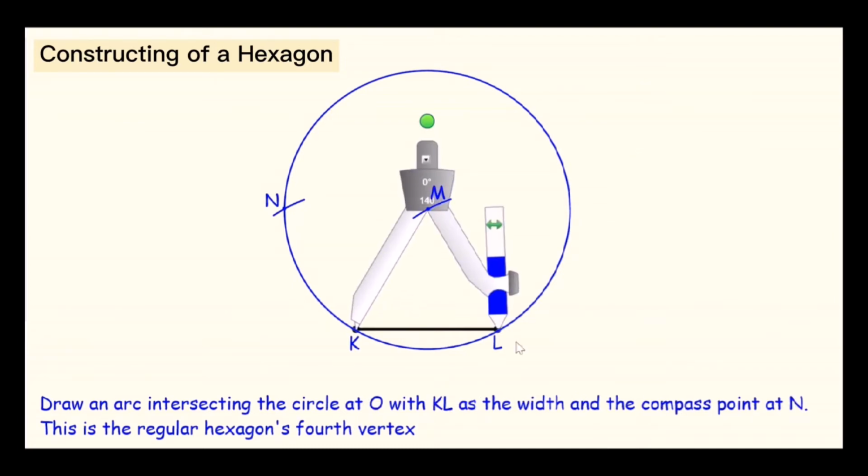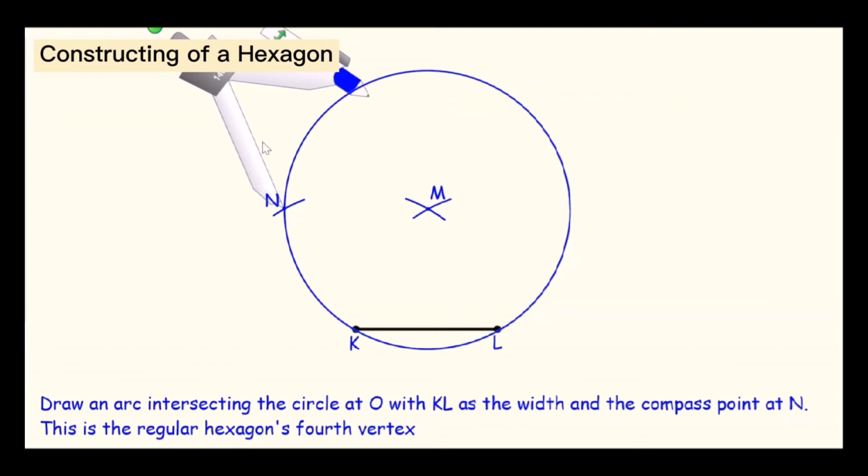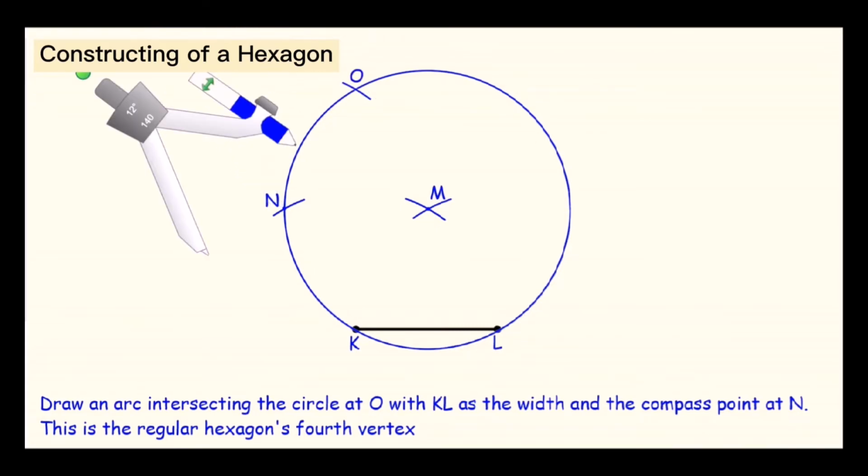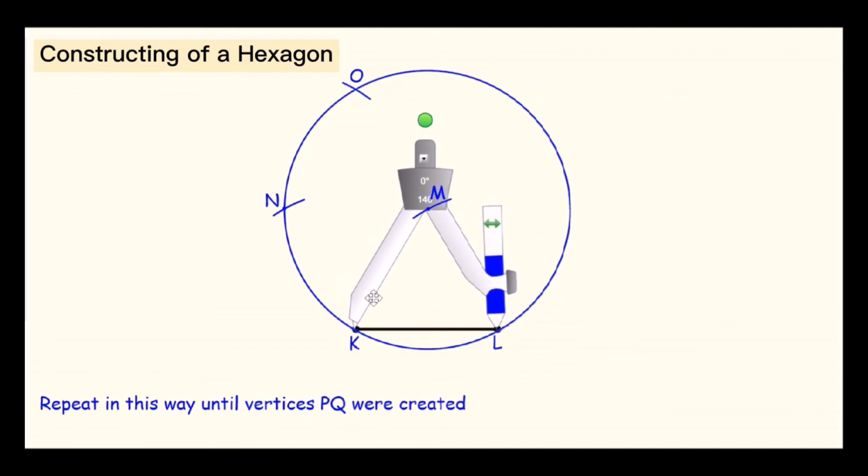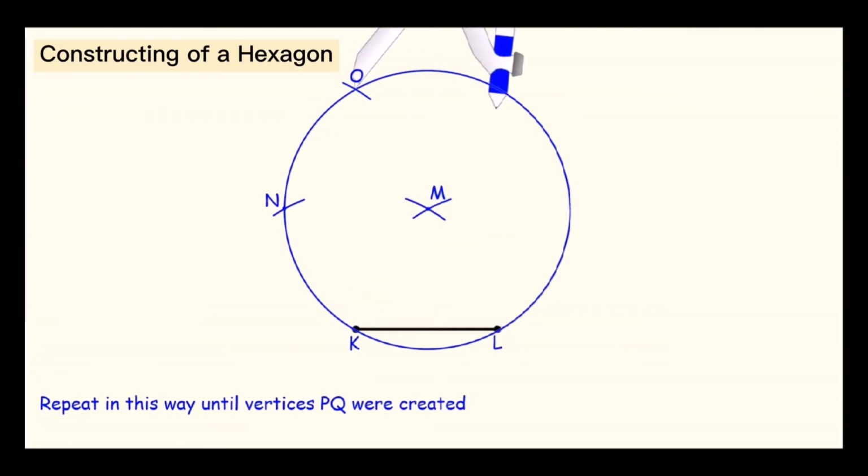Draw an arc intersecting the circle at O with KL as the width and the compass point at N. This is the regular hexagon's fourth vertex. Repeat in this way until vertices P and Q were created.